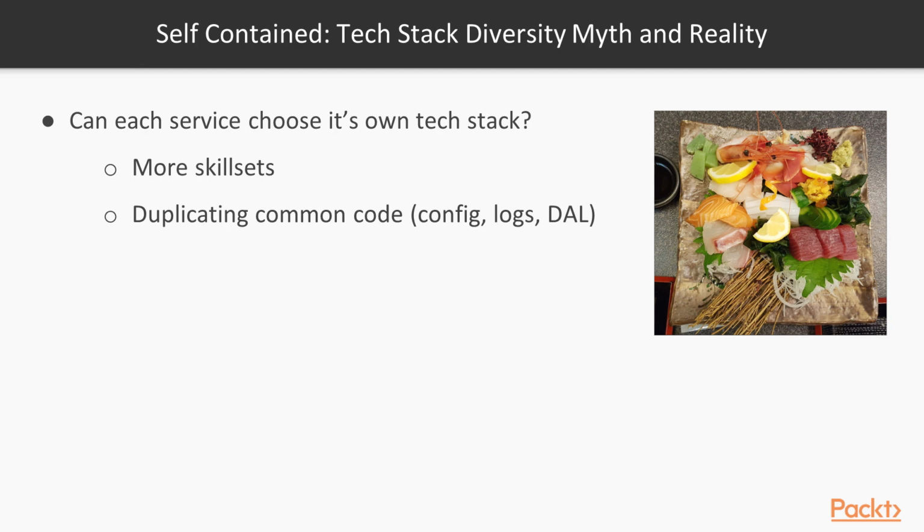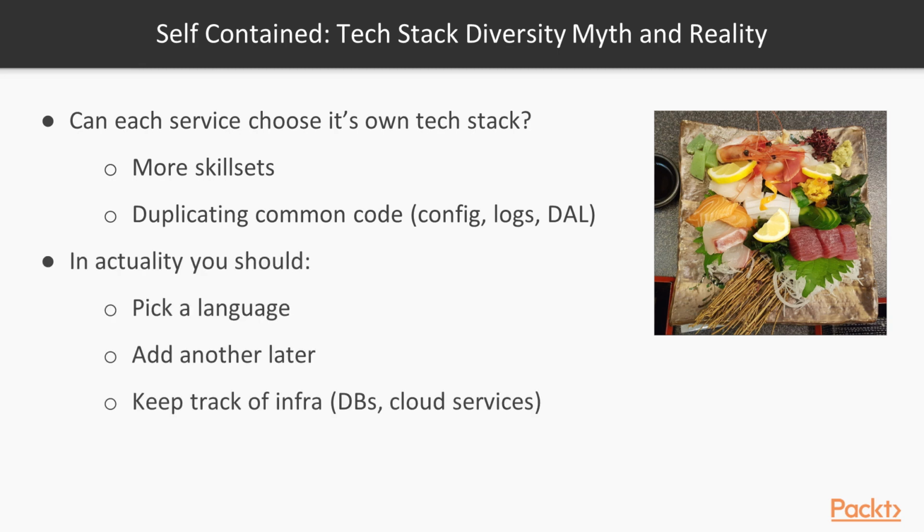In my opinion, you should pick one good language to begin with and add others out of necessity, since lift and shifting legacy code can necessitate other languages, or for special needs like dealing with CPU-intensive operations or doing data science. Like most architectural decisions, you should plan and control to avoid making a mess.